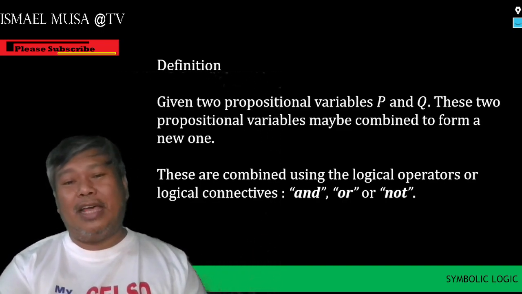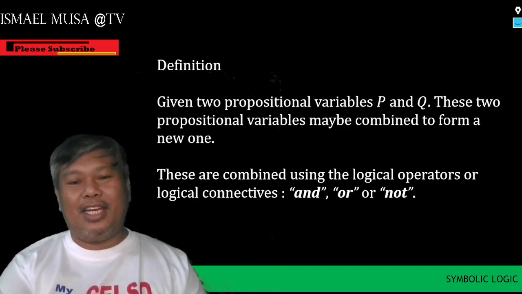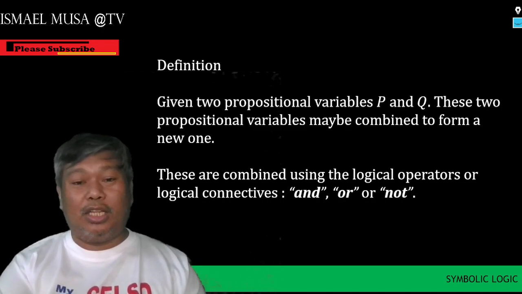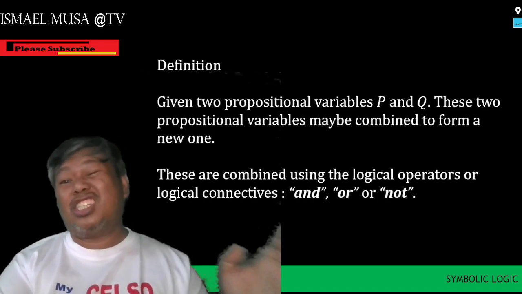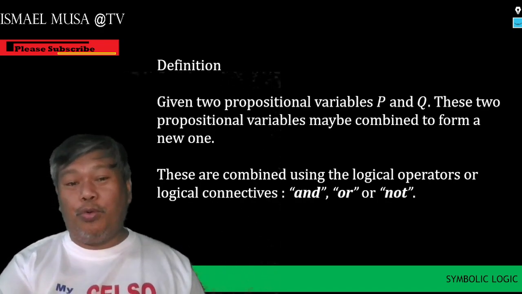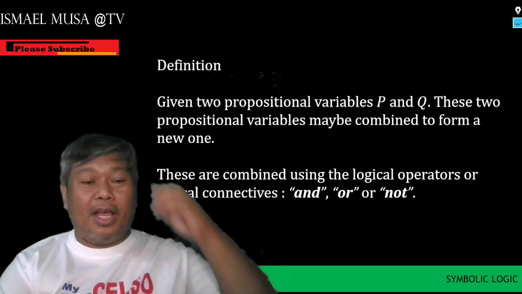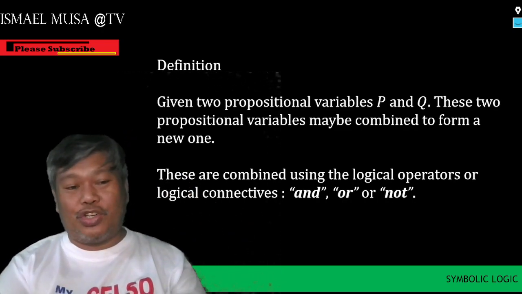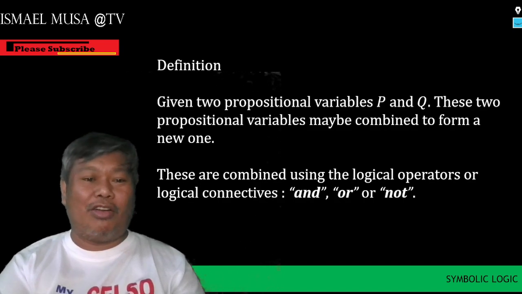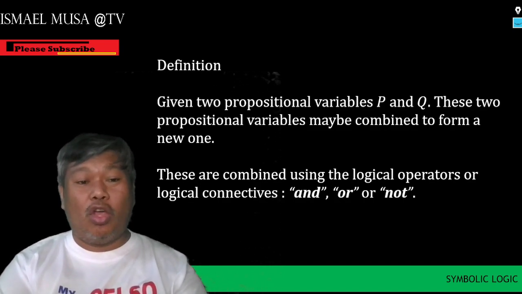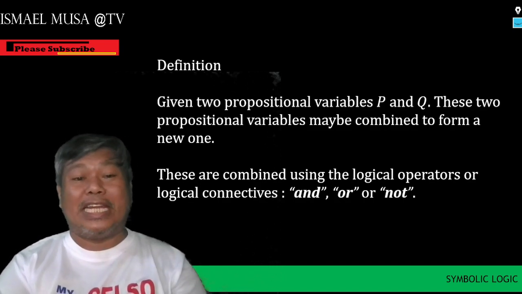With symbolic logic, we can combine two simple propositions into a compound proposition, which is again a new proposition. The following are some of our operators, or logical connectives: and, or, not.